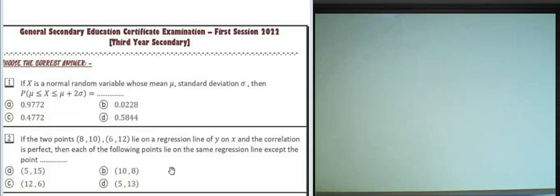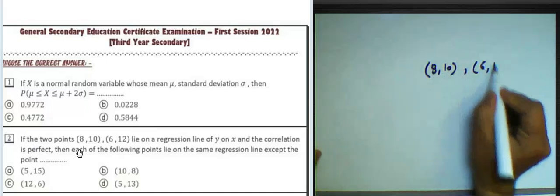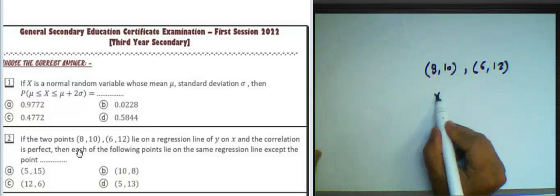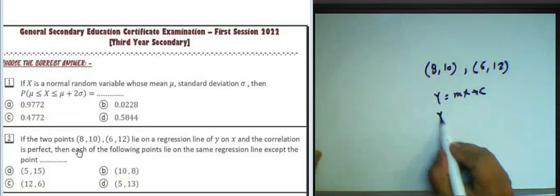We must find the slope. We have here the first point (8, 10) and the second point (6, 12). We know y equals mx plus a constant, where m is the slope.